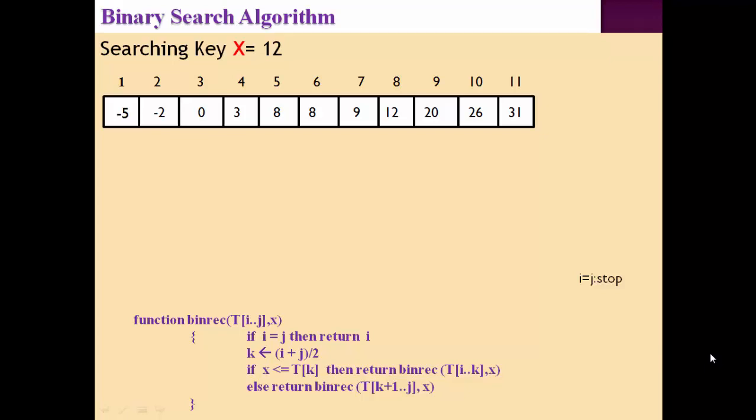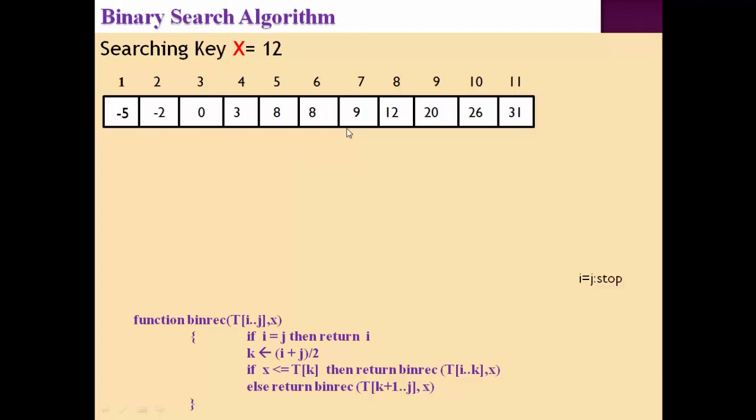For example, we have a list of numbers like -5, -2, 0, 3, 8, 8, 9, 12, 20, 26 and 31. These are all different elements and they are in ascending order. As we discussed, it must be in ascending order, only then can we apply the binary search algorithm.